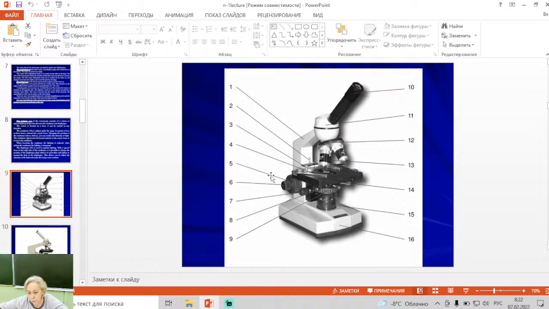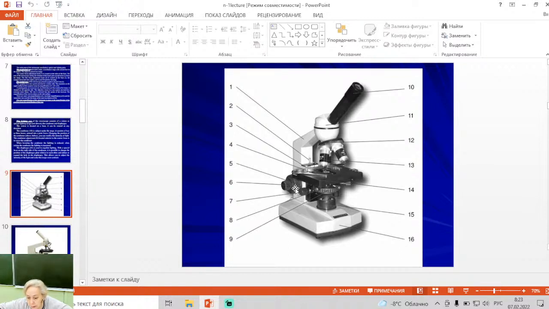And I want to show you another microscope and the two main parts on this microscope. What is the difference?